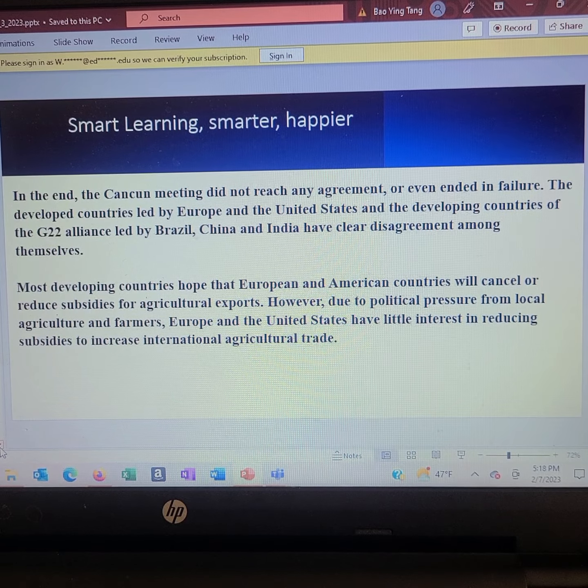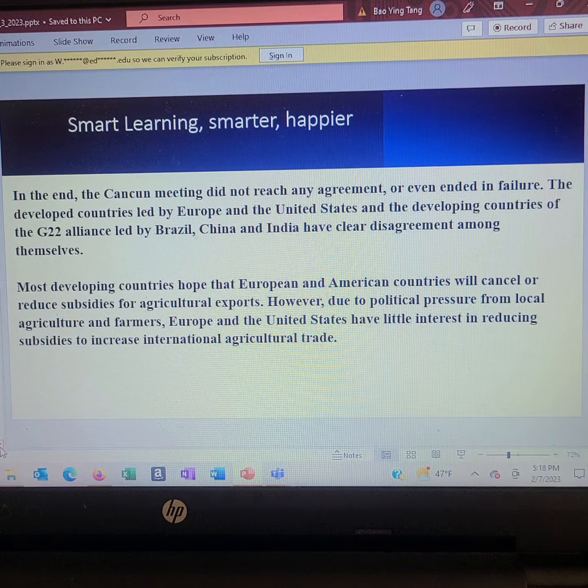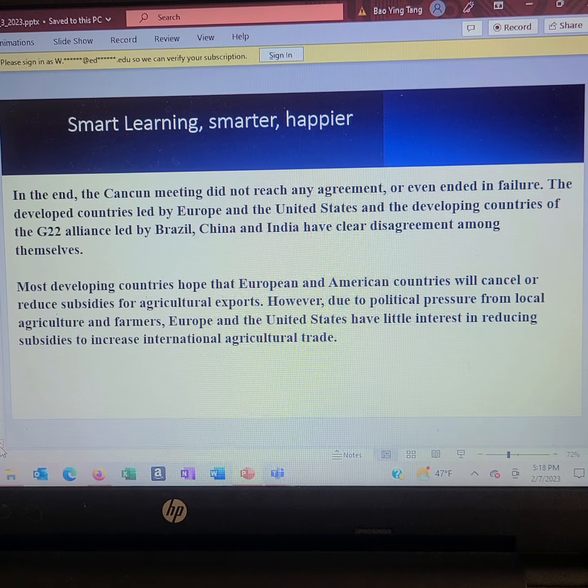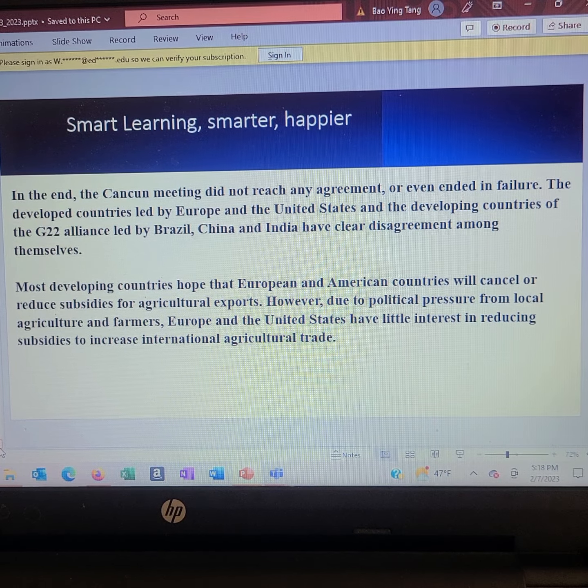In the end, the Cancun meeting did not reach any agreement and even ended in failure. The developed countries, led by Europe and the United States, and the developing countries of the G22 alliance, led by Brazil, China, and India, have clear disagreement among themselves.